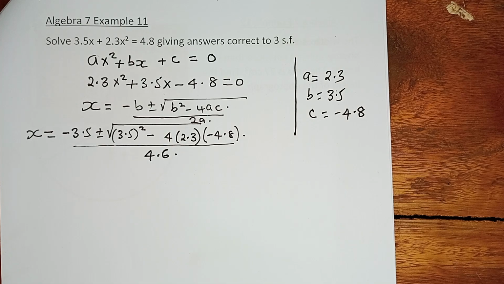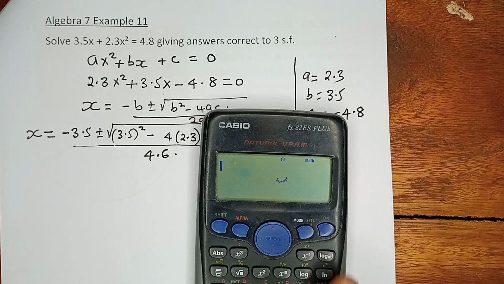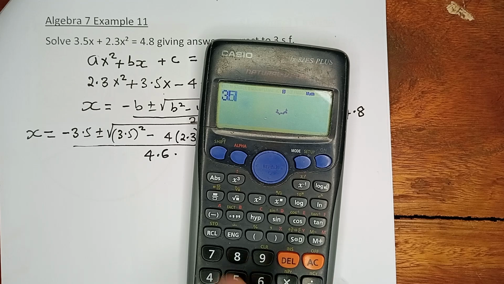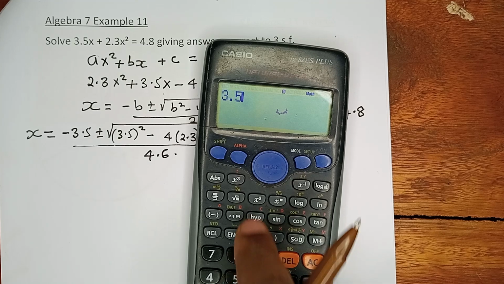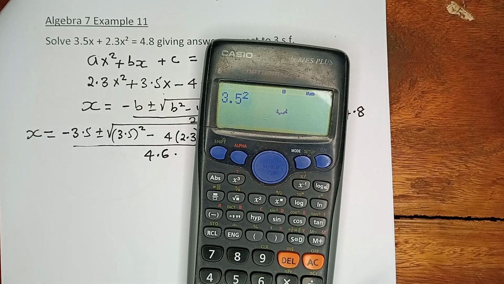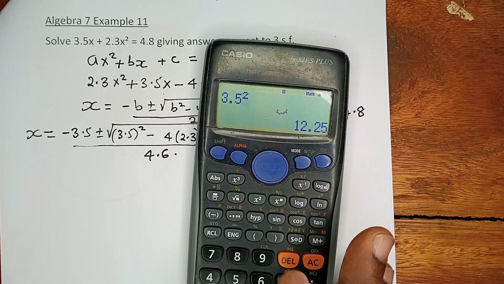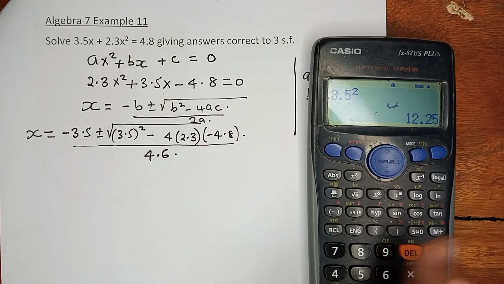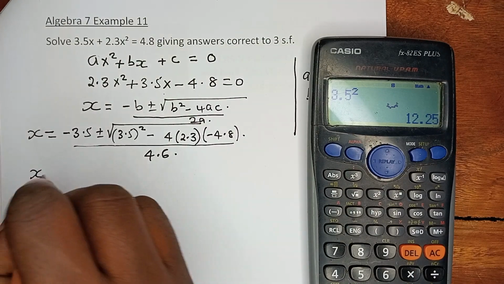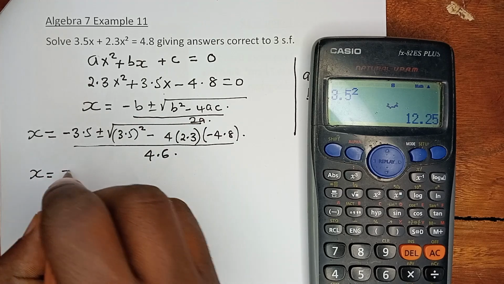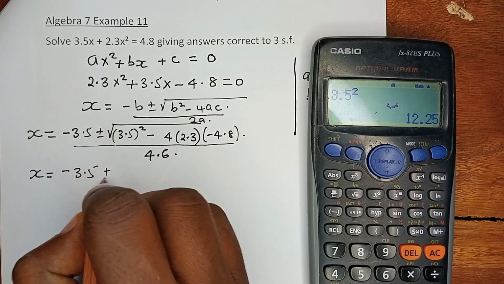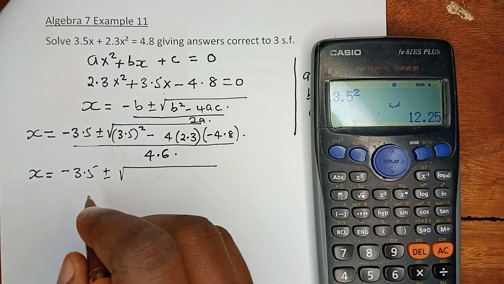Let us now use the calculator to evaluate 3.5 squared. That is 12.25.